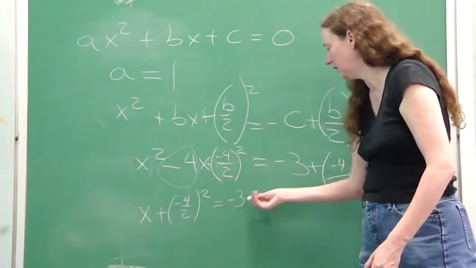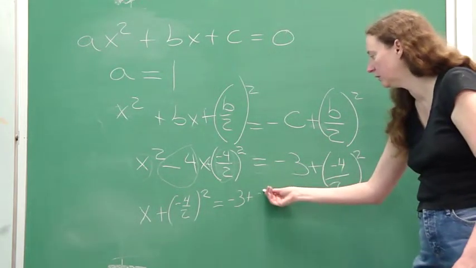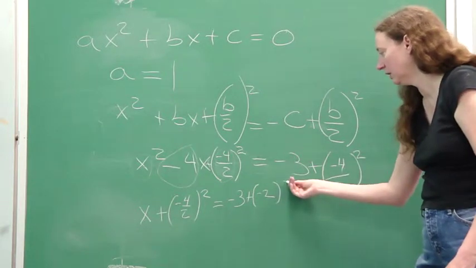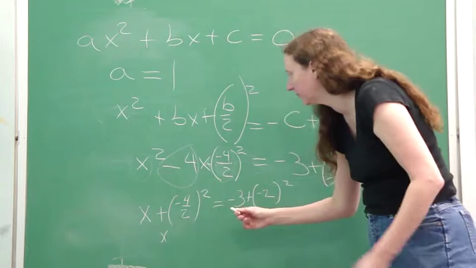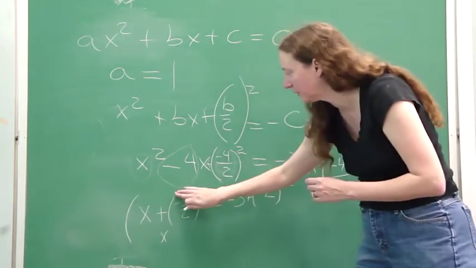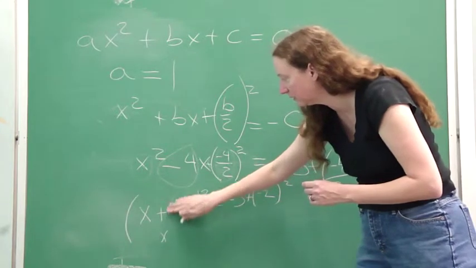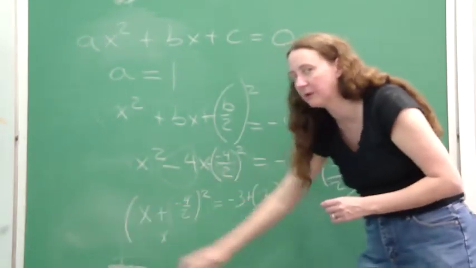So negative 3 plus negative 4 over 2 is negative 2. That's being squared. I have my parentheses in the wrong spot here. Correct that right there. Parentheses are supposed to be in front of that x.